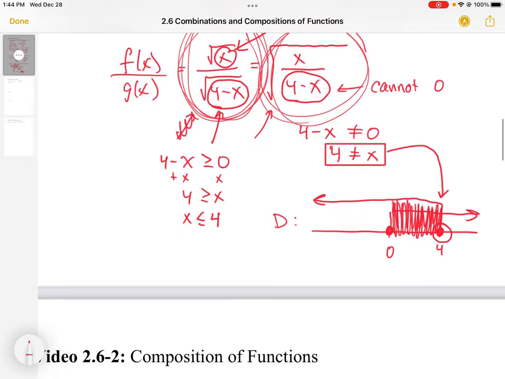So my final domain is all values from 0 to 4, not including 4. So I would write that domain as such. Bracket 0, comma 4, parenthesis. And this is the domain of our quotient function.